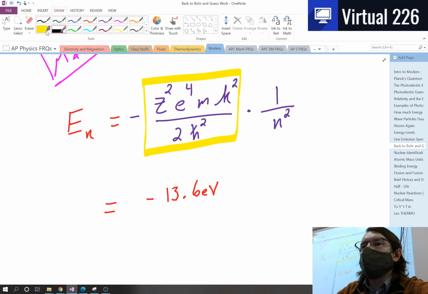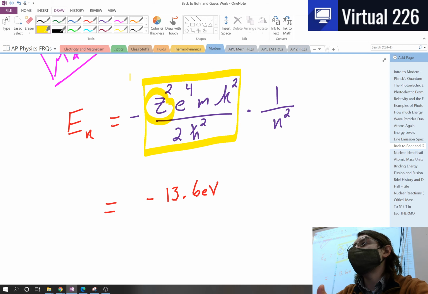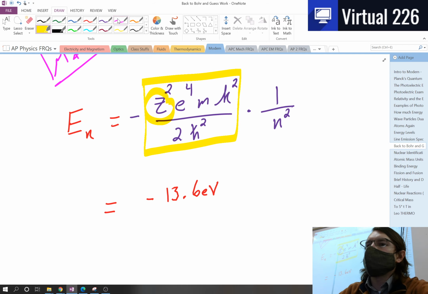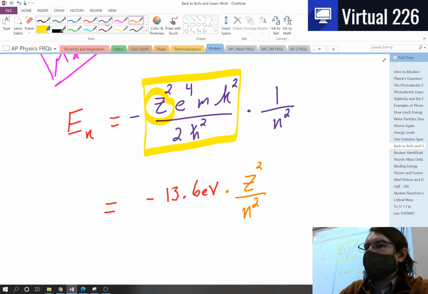Now, this Z here is a value of 1 for hydrogen. If we have helium, lithium, etc., that Z value can change, which means this 13.6 is going to be amended by Z squared over n squared.